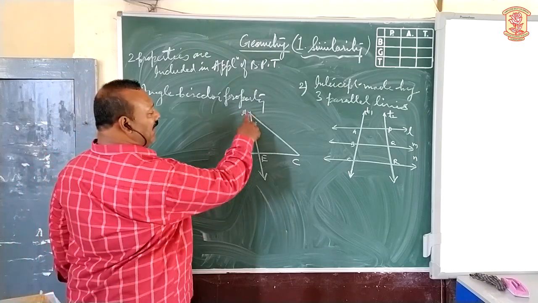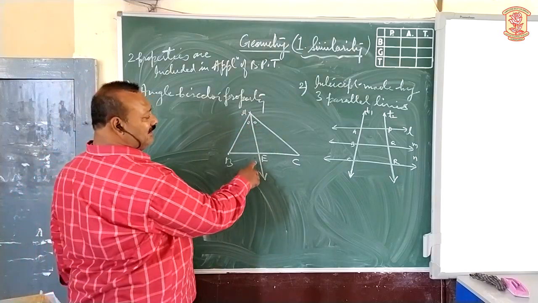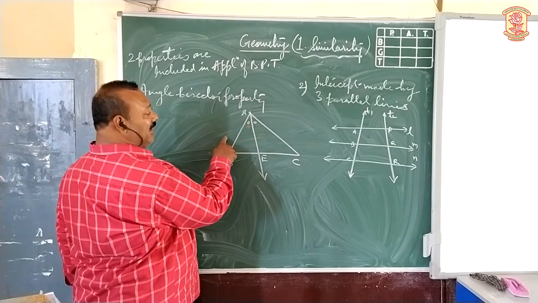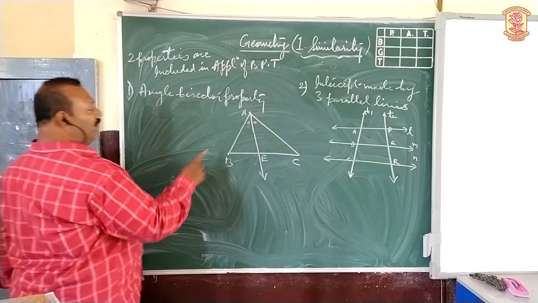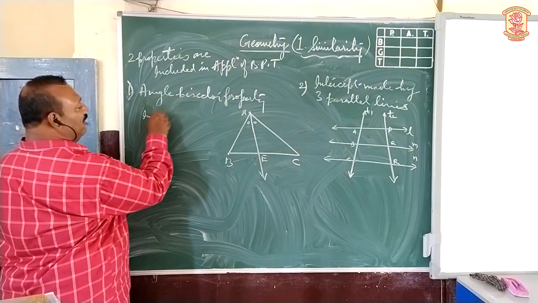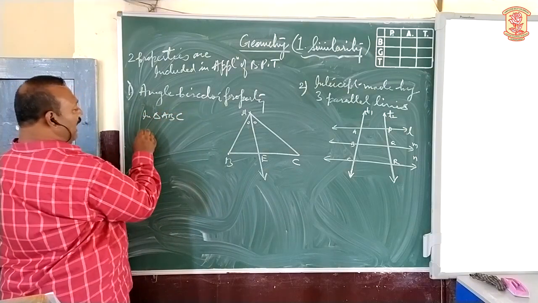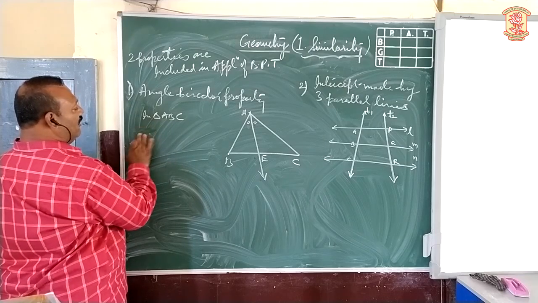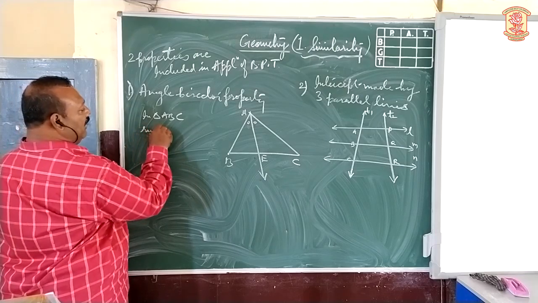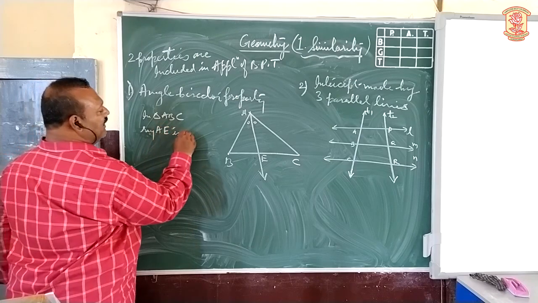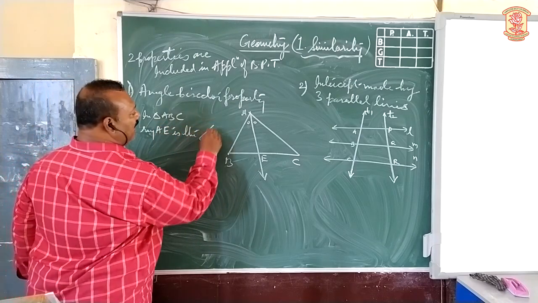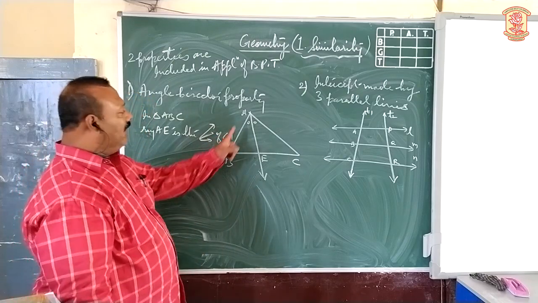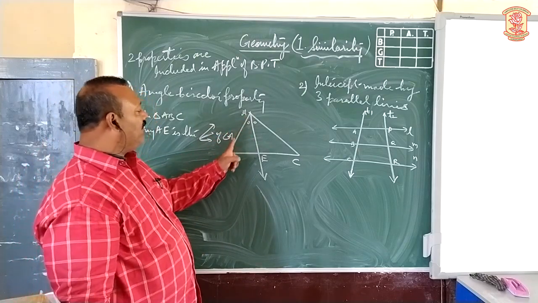For example, in triangle ABC, ray AE is the angle bisector of angle A.